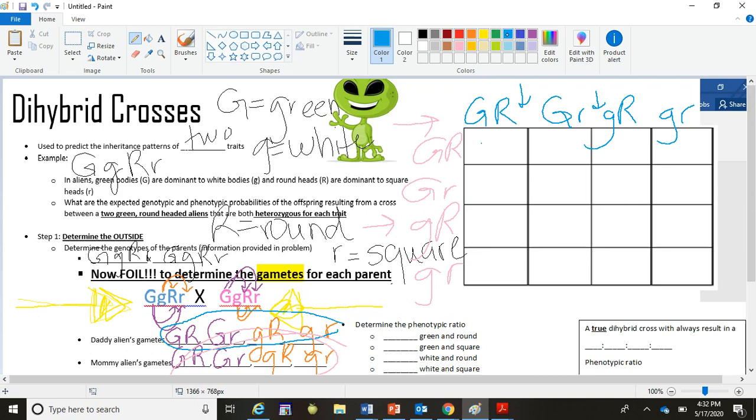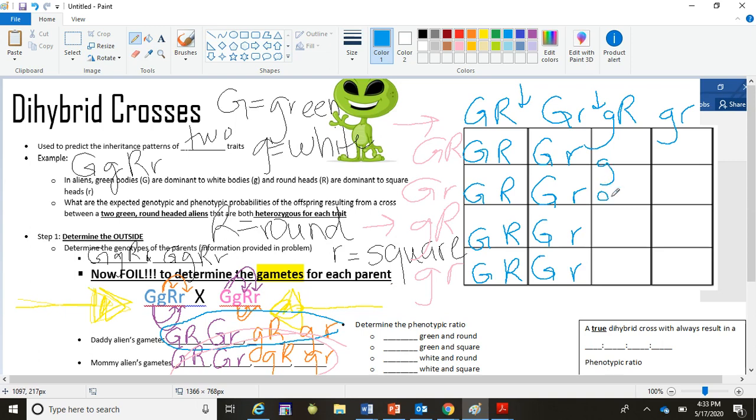So I'm going to bring my capital G down, leave a space for the other G because I like to keep my letters together, and then put my capital R here. Same for this one: I'm bringing the capital G down, leaving a space for mom's gametes, and putting the R here.